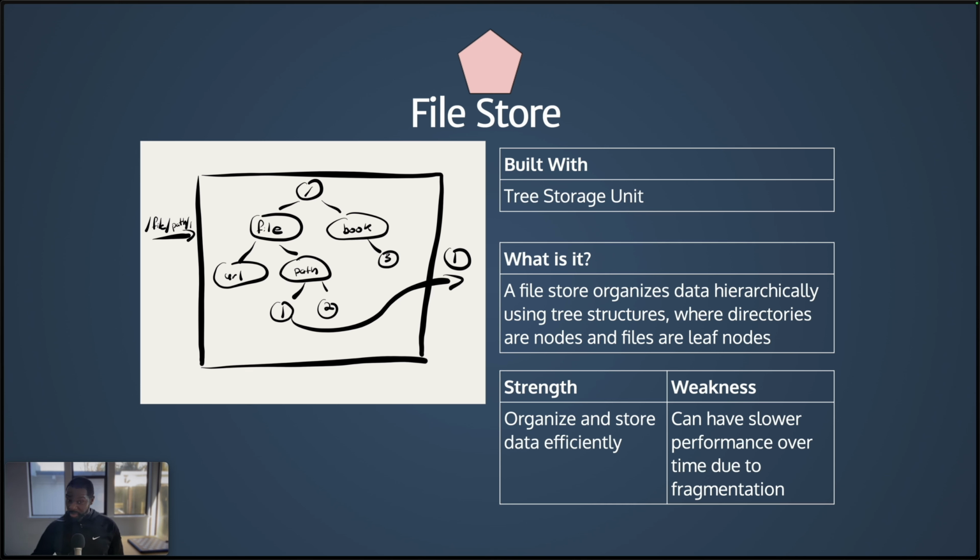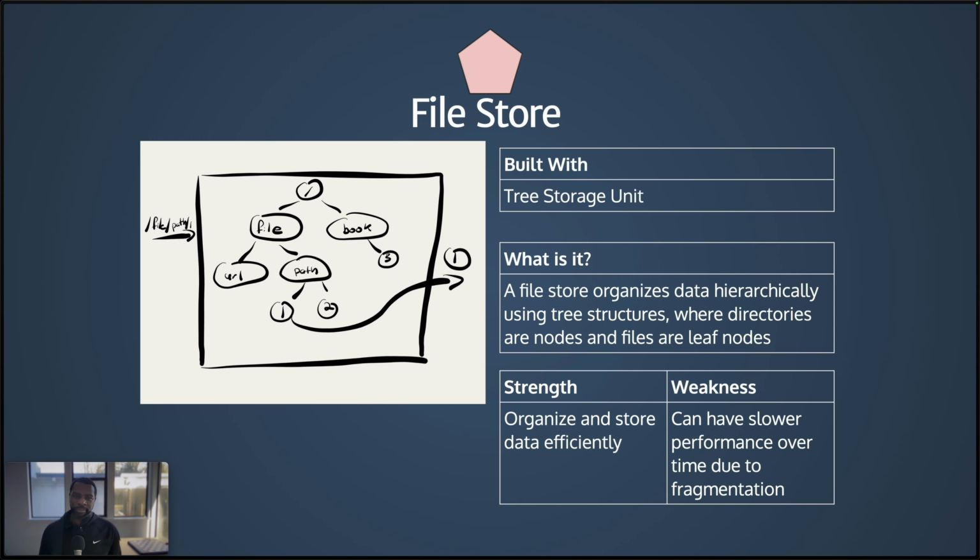Typically, file 3 will probably be very far away memory address-wise from file 1. And so sometimes that whole lookup might become slower, because over time, when things are saved and deleted, you have that fragmentation.